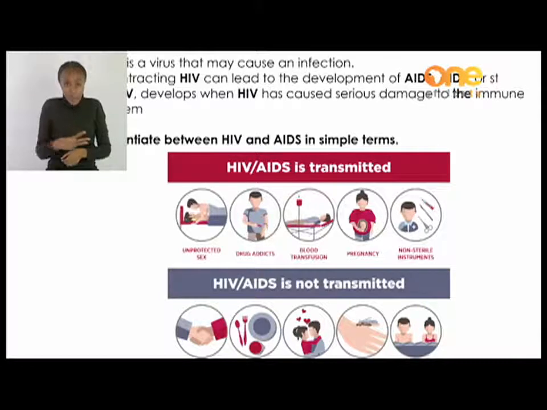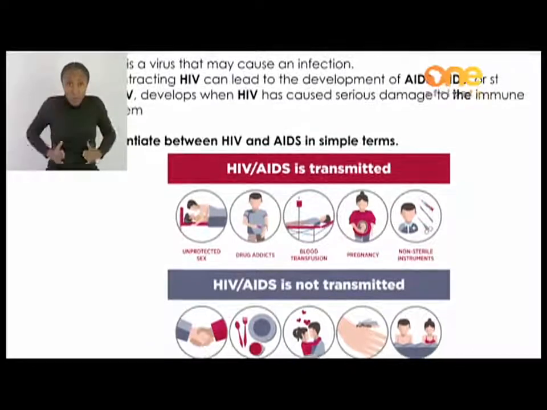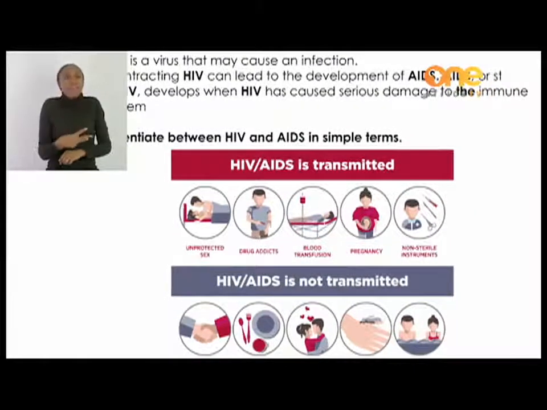HIV in our bodies stays only in certain parts, for example, in certain fluids such as blood, semen, preseminal fluids, rectal fluids, vaginal fluids, and breast milk. Those are the only parts that can transmit HIV in our bodies.